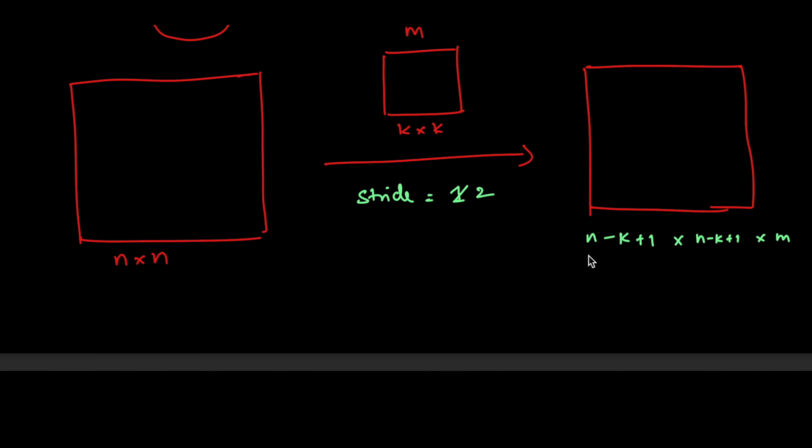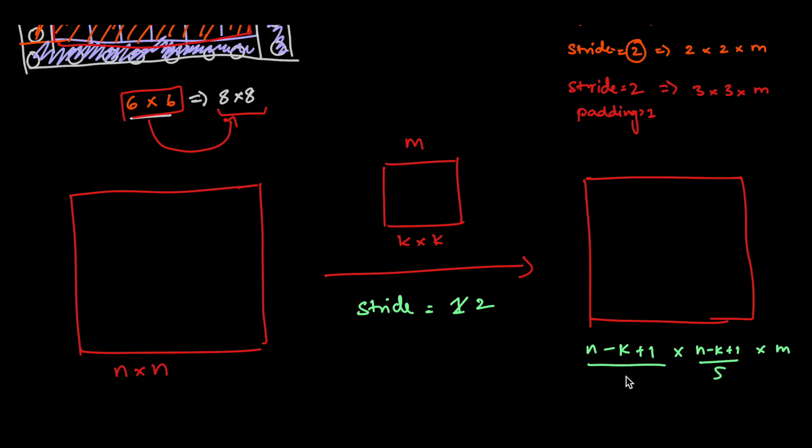But in general, if we carefully observe over some number of examples, then this will be the correct formula, that is n minus k by s plus 1 cross n minus k by s plus 1 cross m. So when stride is s, this will be my output shape.